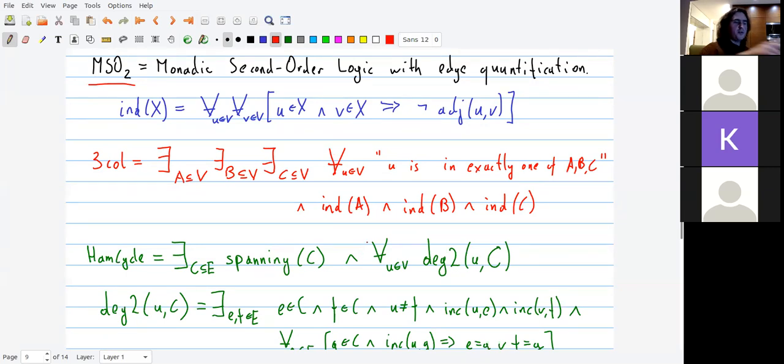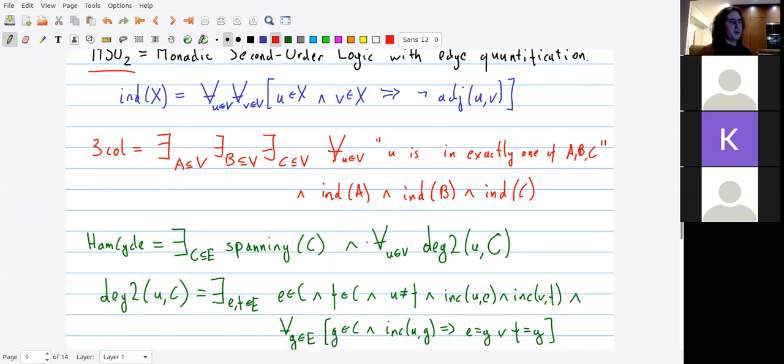So before I give you a formal definition, let's look at some examples of formulas that express some properties of graphs and properties of different sets in graphs. So MSO2 is a language for defining properties in graphs.